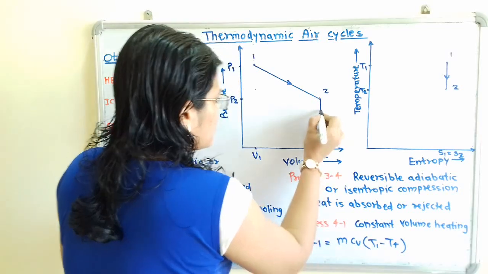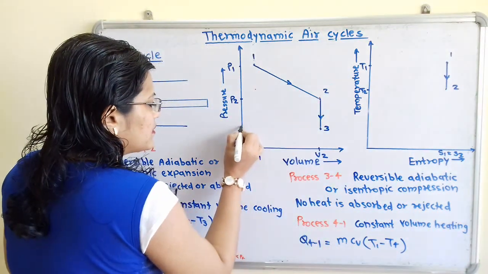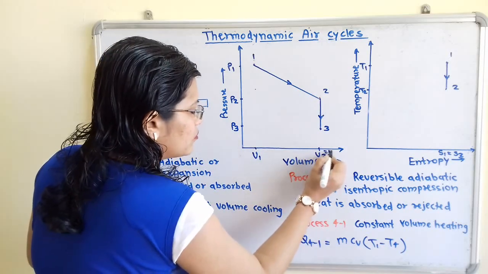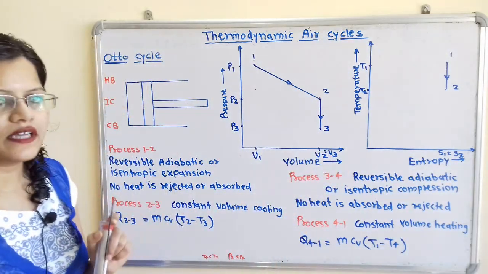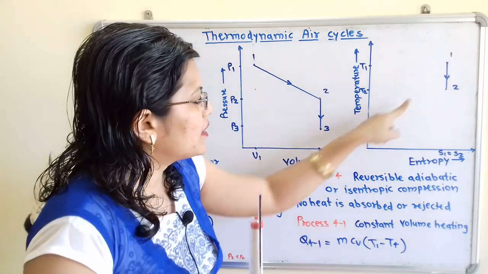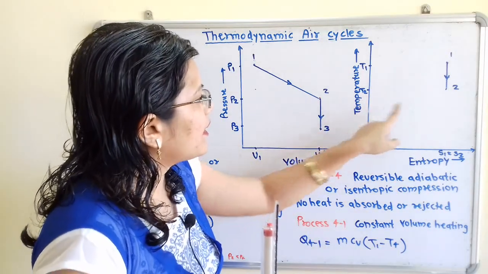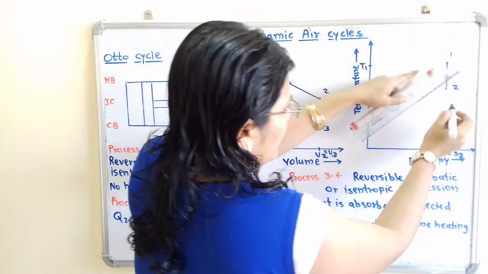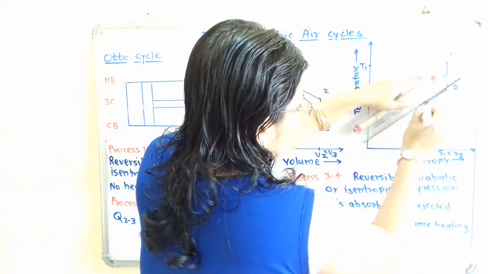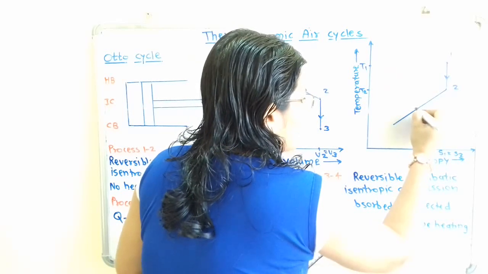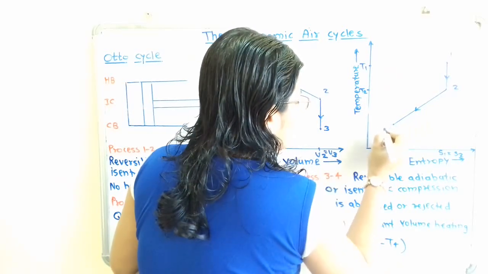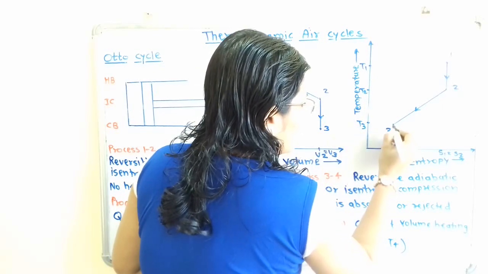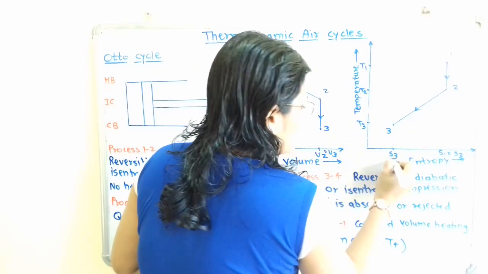So here will be point 3, that is P3 and V2 is equal to V3. Then we have to show here decrease in entropy and decrease in temperature. I will show here with a straight inclined line, this will be the point 3, here will be temperature T3 and entropy S3.